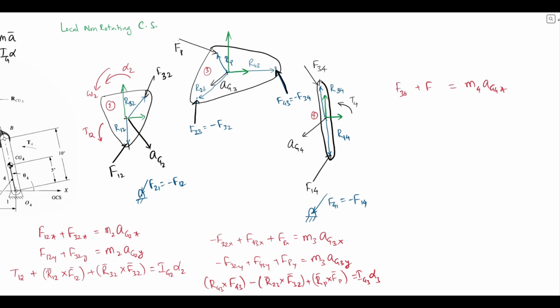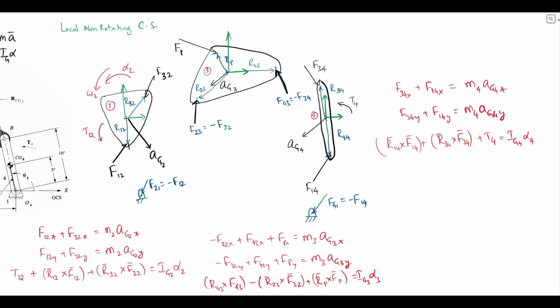So F34x plus F14x gives this. You can have F34y plus F14y is M4 Ag4y. And then for the torques, we can write R14 cross F14 plus R34 cross F34 plus T4 should be equal to Ig4 alpha 4. Those are the 9 equations.